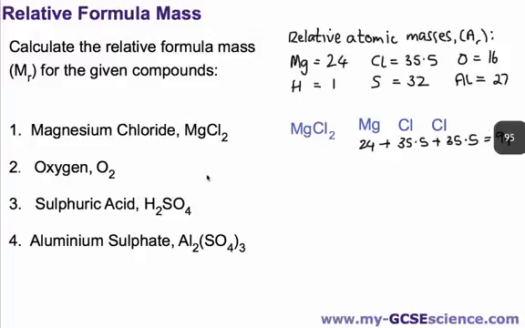Remember, no units. For oxygen, O2, it's just 16 plus 16, or 16 times 2, which is 32. For sulfuric acid, H2SO4, that would be 1 plus 1 plus S, which is 32, plus 4 oxygens, so in brackets 4 times 16, and the answer to that would be 32, 64, 96, 97, 98.